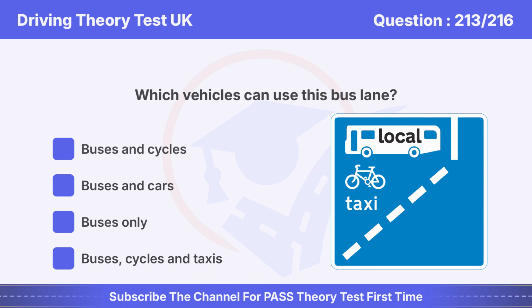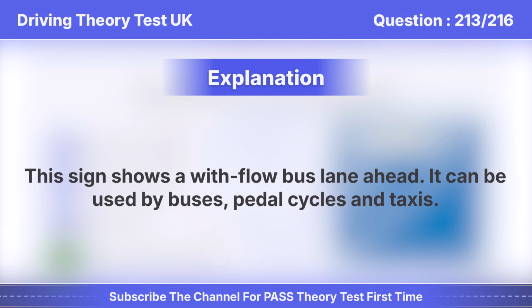Question 213. Which vehicles can use this bus lane? Answer is D. Buses, cycles and taxis. This sign shows a with-flow bus lane ahead. It can be used by buses, pedal cycles and taxis.